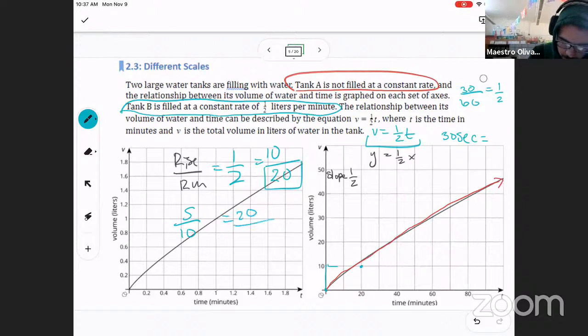What if you go up by 20? What number is half of 20? Or sorry, if you take half of this number, you get 20. 20 over what is the same thing as 1/2? 40. So if we go up by 20, you go up by 40.